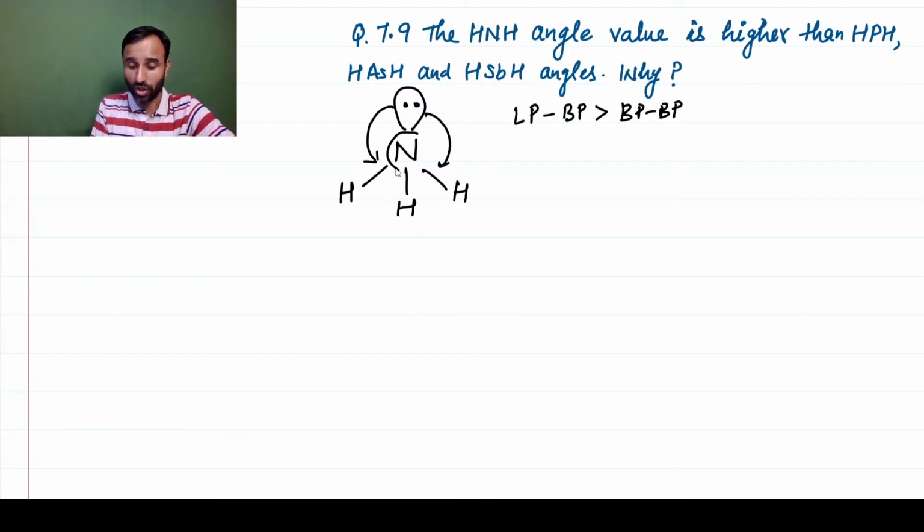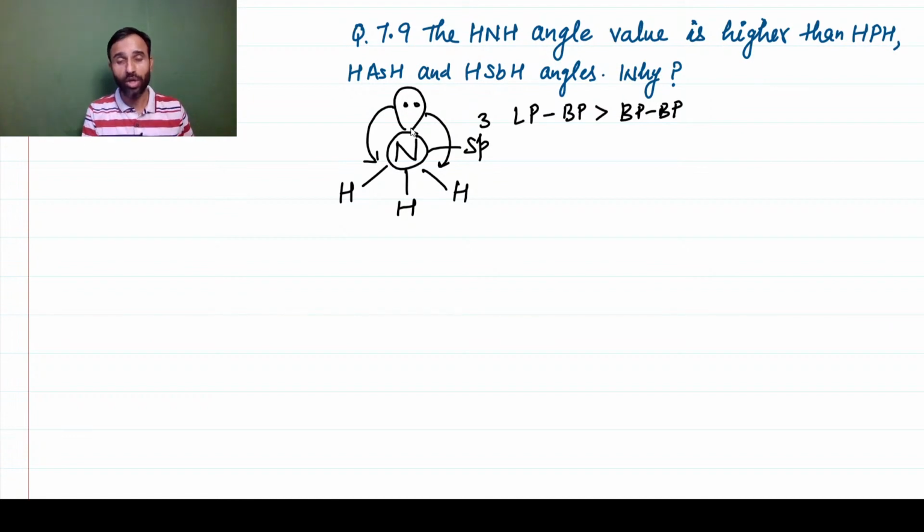So the hybridization of nitrogen is sp3. Why? Because it has 3 bond pairs and 1 lone pair, so total pairs are 4. So hybridization is sp3. The normal tetrahedral angle is 109 degree 28 minute.